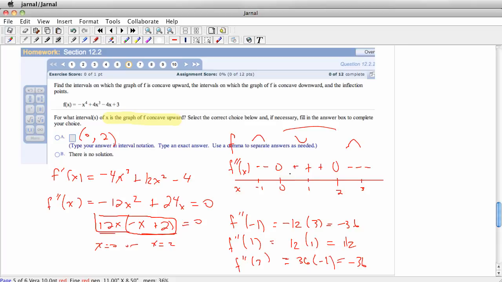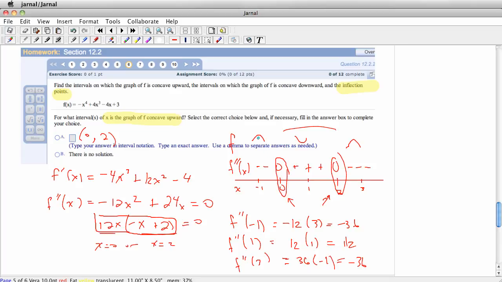At x equals 0 and x equals 2, we would say that we have inflection points there. An inflection point is simply a place where the concavity changes.